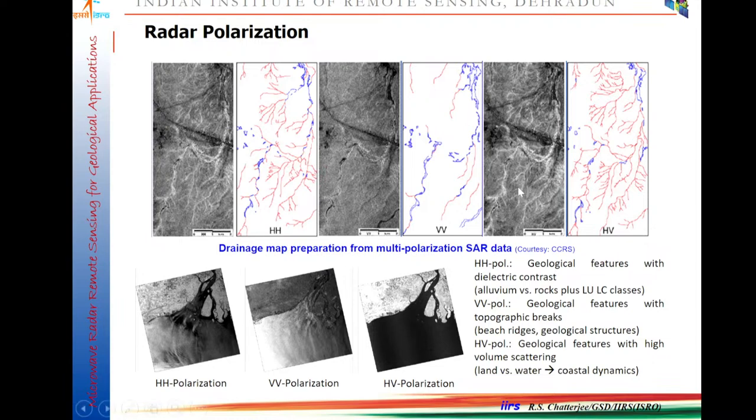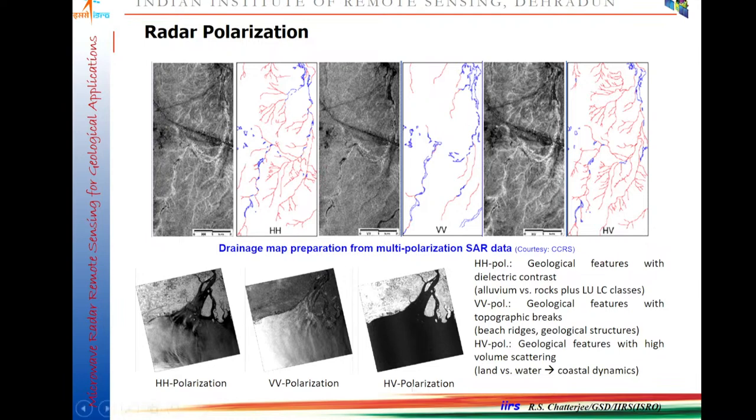It does not mean that surface streams will not be seen there, they will be seen, but subsurface channels are not seen at all in the other images, and will be detected here. So if you combine all this information, the three drainage maps, you will get much more, and your drainage map will be much more refined.